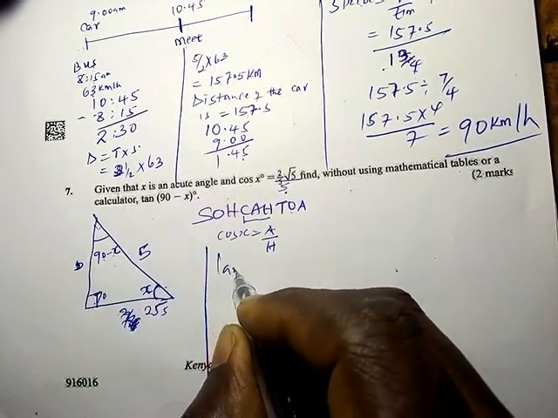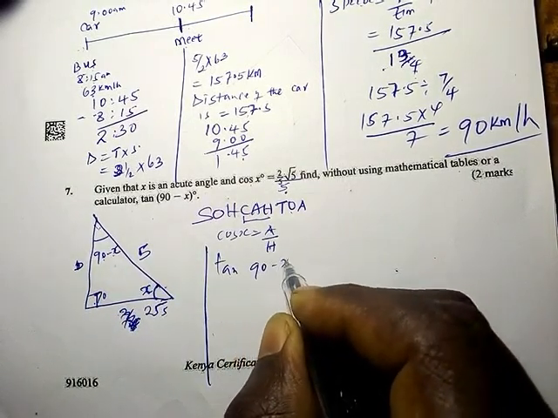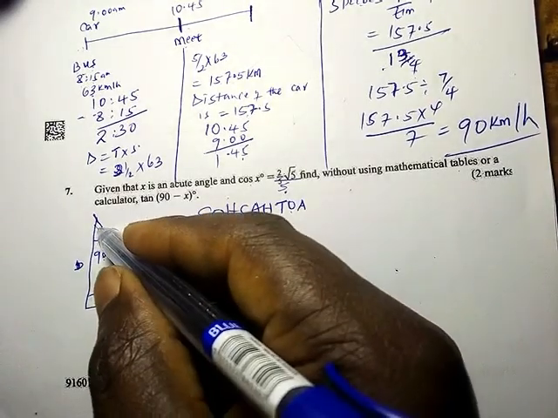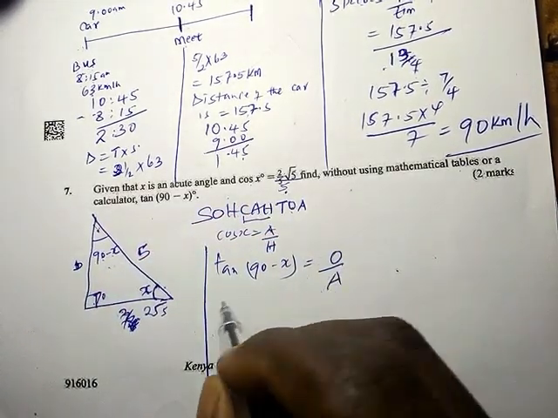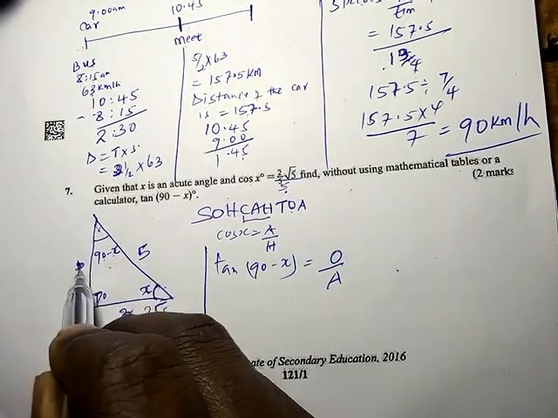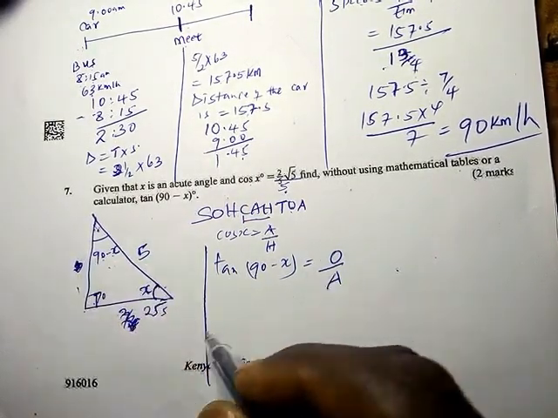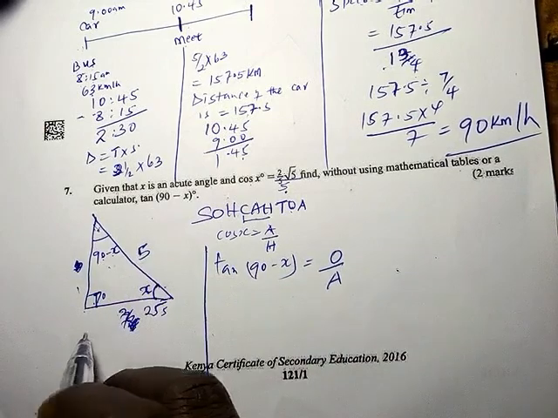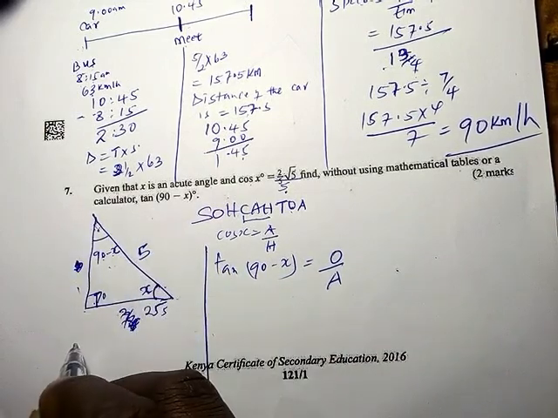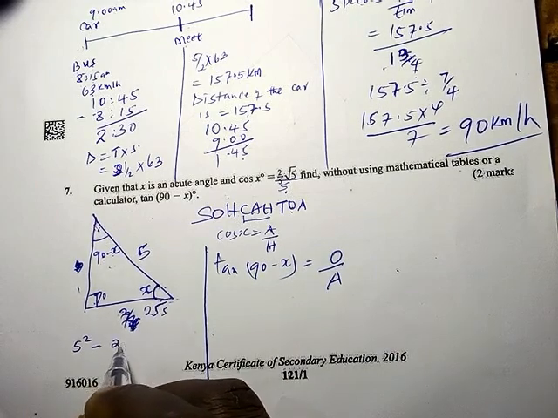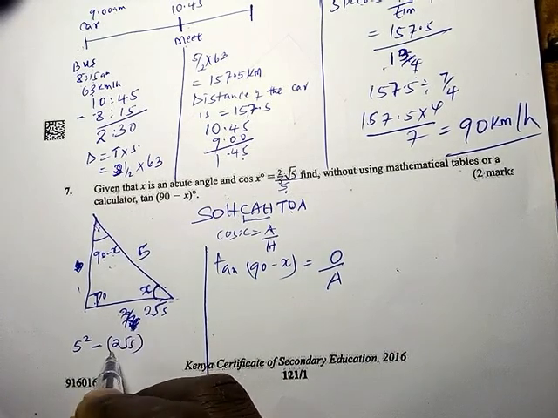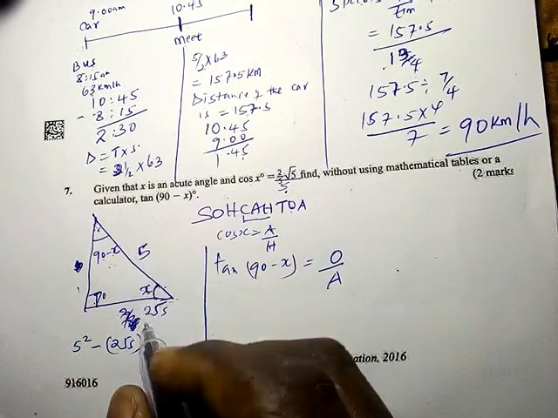So tan of 90 minus x: tan will be opposite over adjacent. But we don't have the adjacent yet here, so we need to get that. How do we get that? The hypotenuse is 5, squared, minus 2 root 5 squared will give us this one.